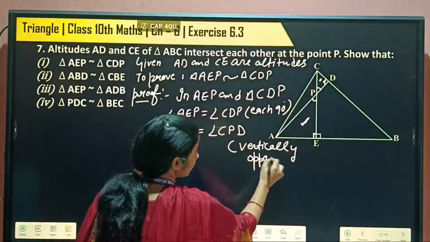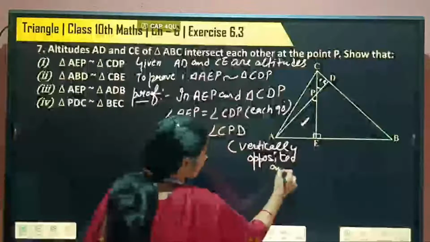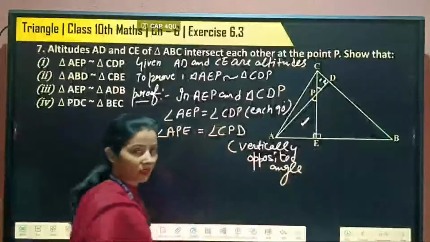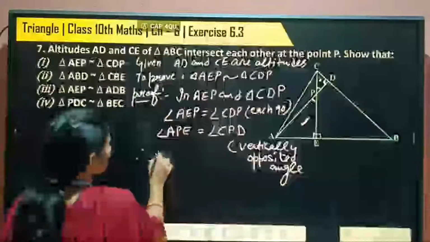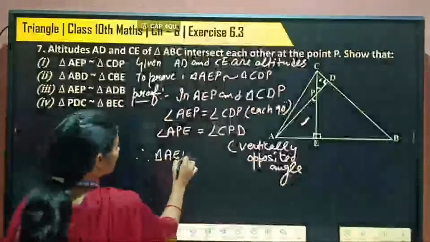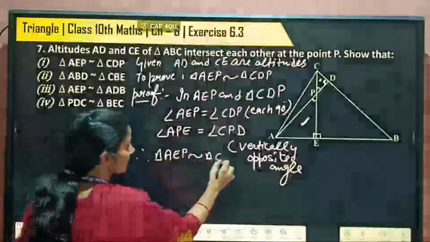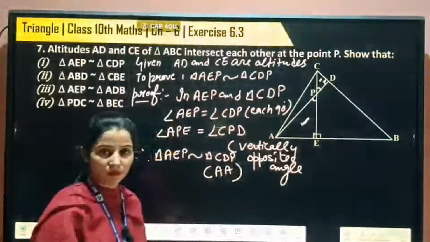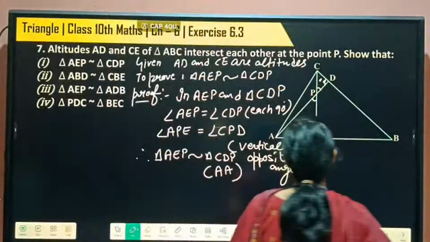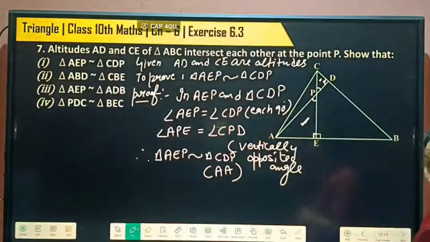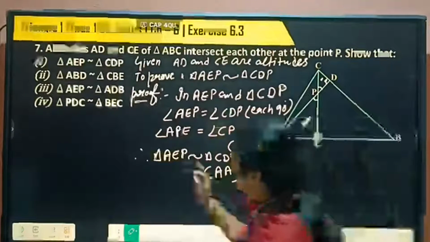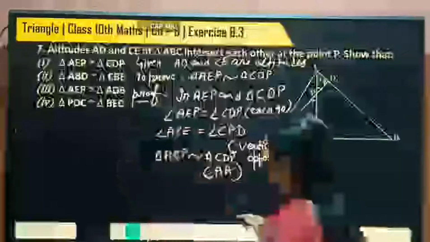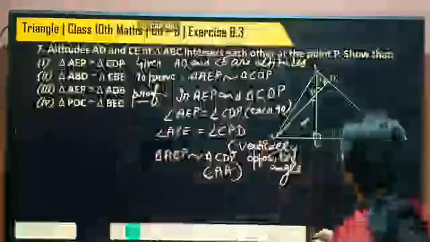These are vertically opposite angles. You can say triangle AEP is similar to triangle CDP by angle similarity rule. Two angles are equal. What is the second part? Second part is ABD.